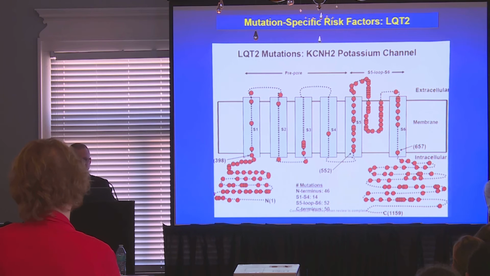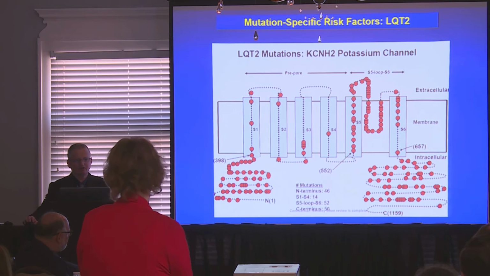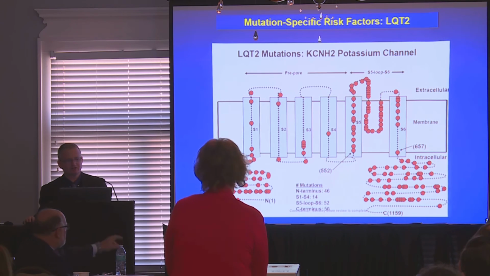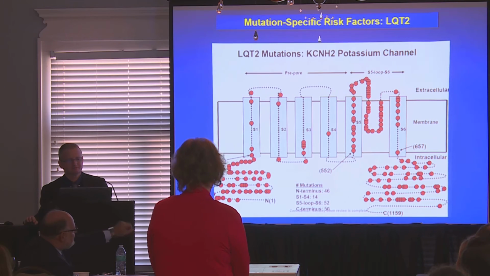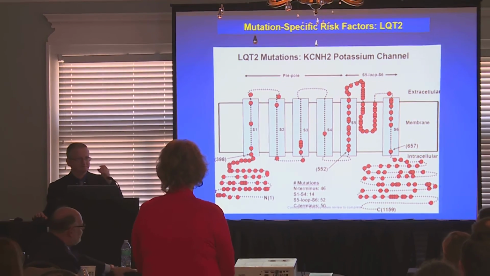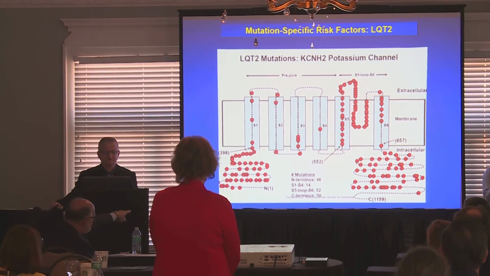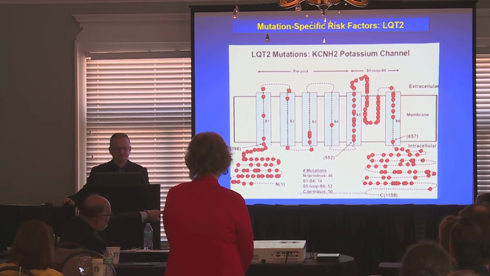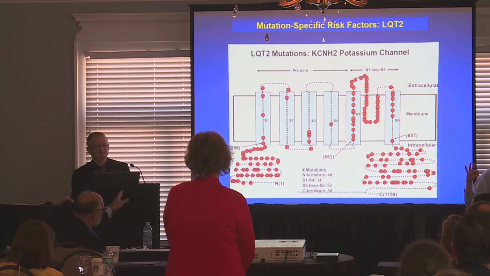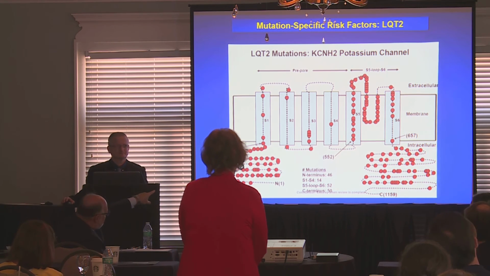I'm talking about a region. If they're saying it's in the N terminus or C terminus, it may be low risk. If it's located in a transmembrane region, I'm not sure what the specific mutation is that you mentioned. So let me only comment that those numbers you have are the positions of these nucleotides throughout. It starts with 1 on the left and goes to 1159. This is how the channel is composed. And the pore region, which Dr. Goldenberg was speaking about, is this.